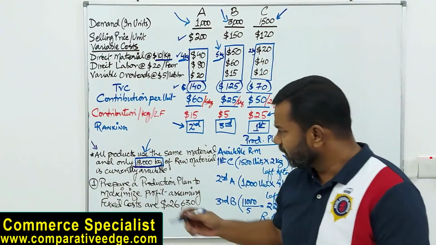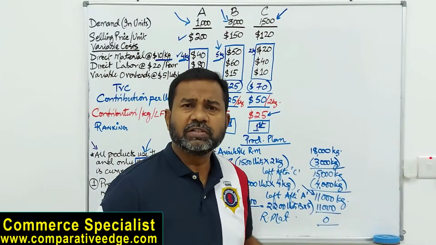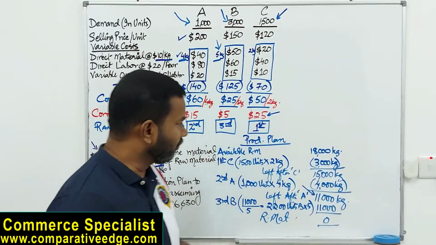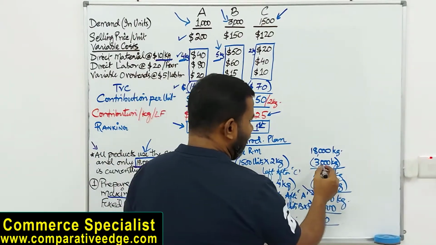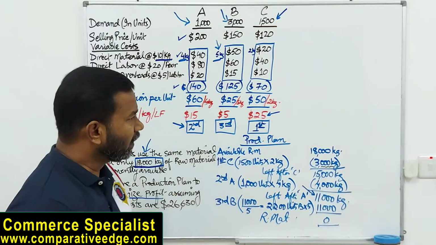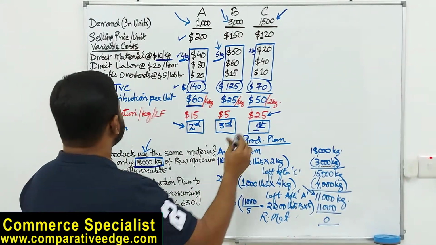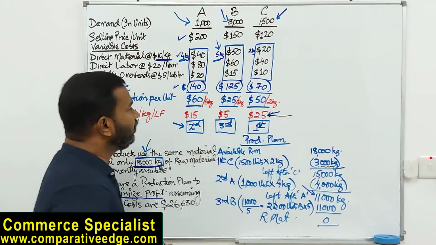Now, the question says, prepare a production plan to maximize profit. So, ladies and gentlemen, let's look at profitability. Let's look at my first production, which is C, and I'm using 3,000 kilograms here. And if you look at C, C gives me $25 contribution per kilogram.